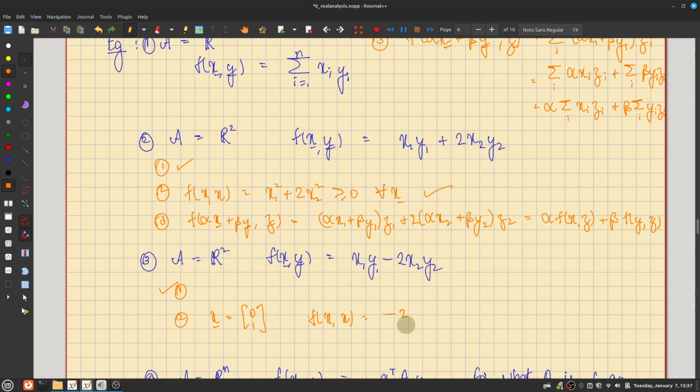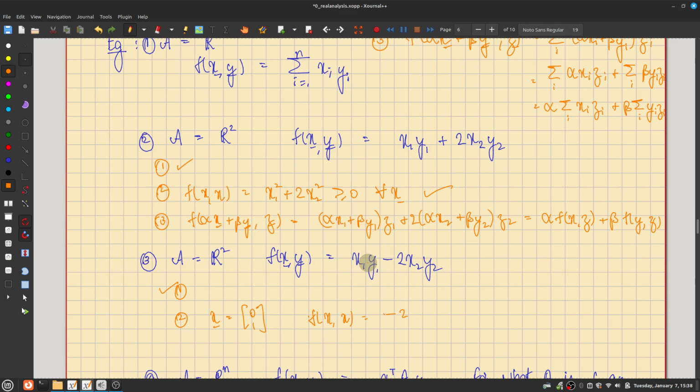So this is not a valid inner product. In the earlier case, there was this positive linear combination of the xi yi's that nicely gave us a valid inner product, but this linear combination of the xi yi's does not give us a valid inner product.